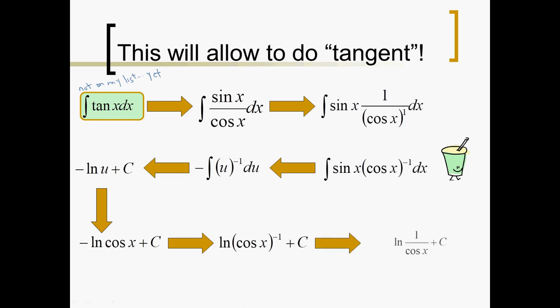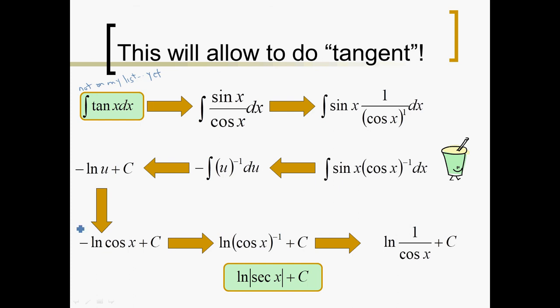Then 1 over cosine is a trig identity, which is secant, and now I will put the absolute value bars back up. This is the antiderivative of tangent, the natural log of the absolute value of secant x.